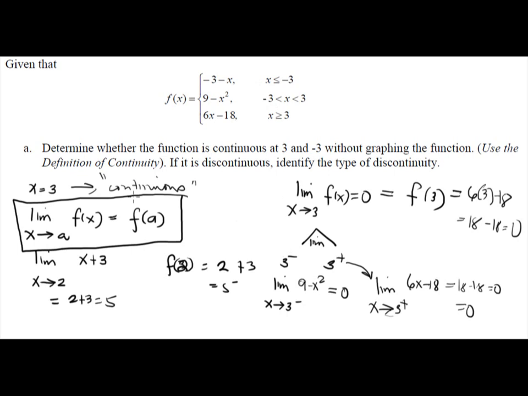So just study my solution for x equals 3, and for sure you'll be able to answer the one for negative 3. Now don't forget to identify the type of discontinuity. It could be a jump, it could be an oscillating, it could be a removable discontinuity. Okay, so that's it.